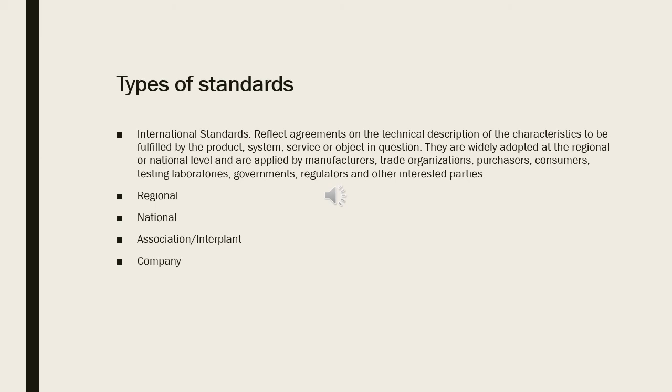So types of standards, as we saw above, we have international standards, regional standards, national standards, interplant or association standards, and company standards. All these standards reflect agreements on the technical description of the characteristics to be fulfilled by the product, system, service, or object in question.